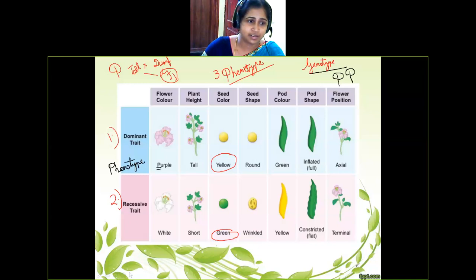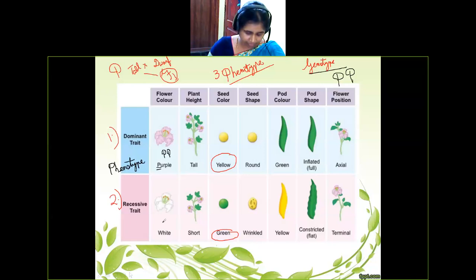So as I said, what Mendel did, the genes he is expressing as the first letter of the dominant character in uppercase capital letter, and it has to be written in pair. In pair you call it alleles. Okay, so I'm writing here capital P, capital P. Now how to express the recessive trait?